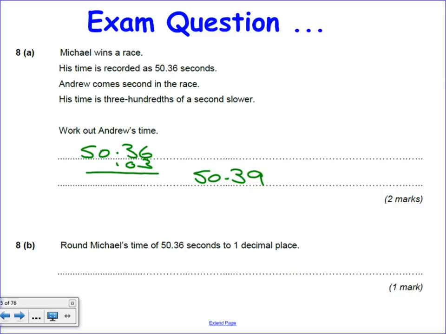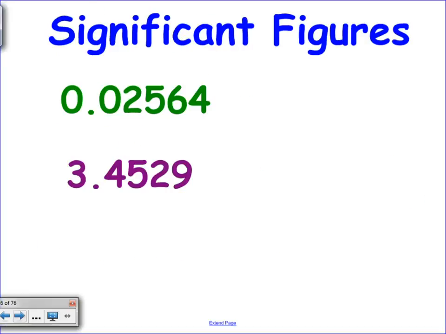And then this bit, straightforward, what we've just done, rounded to 1 decimal place. So what number am I interested in if I'm looking at 1 decimal place? We're interested in the 3, and our decision is based on the next one. So we're going to round up. So it becomes 50.4.